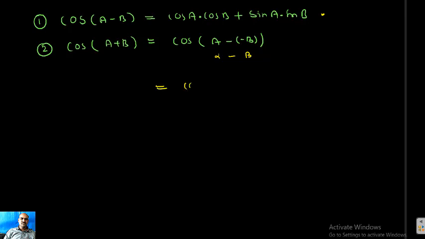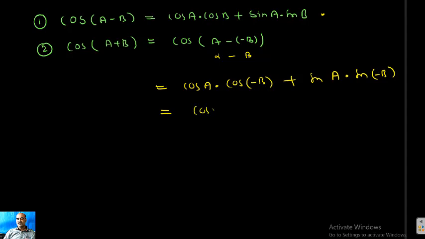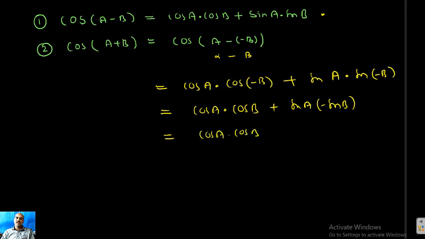So what can I write here? Cos A into cos of minus B plus sin A into sin of minus B, which is the same as cos A into cos B plus sin A into minus sin B, from the concept of angle of minus theta. So finally, cos A into cos B minus sin A into sin B.